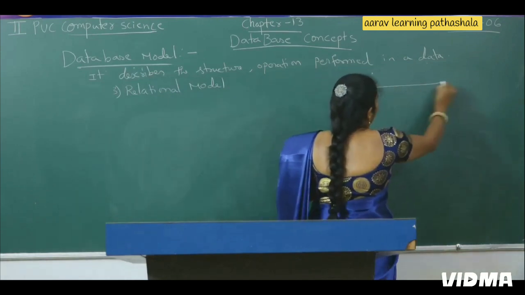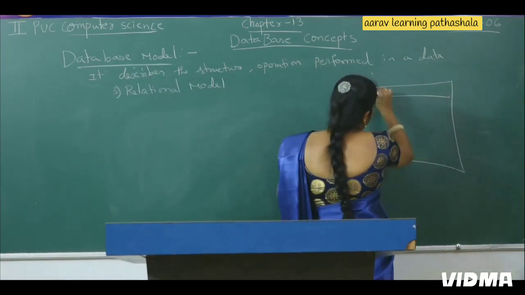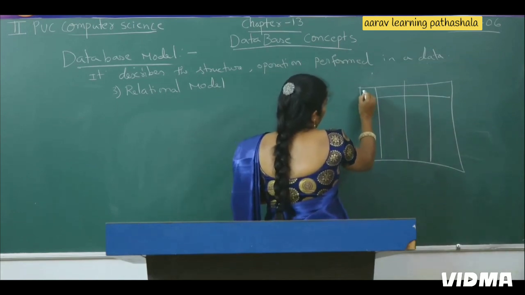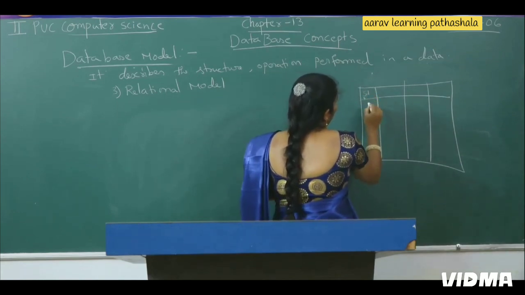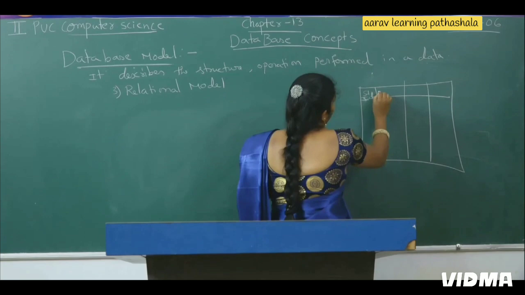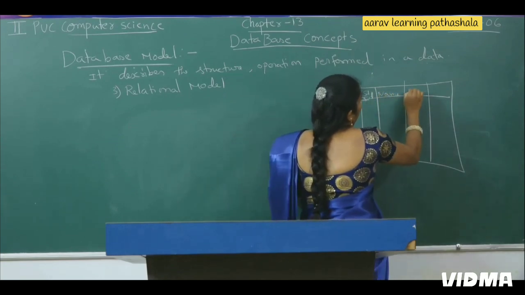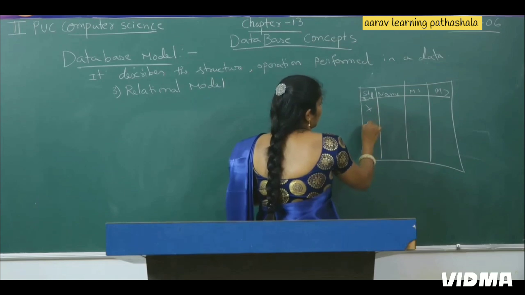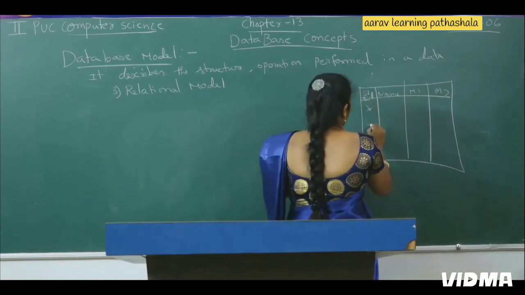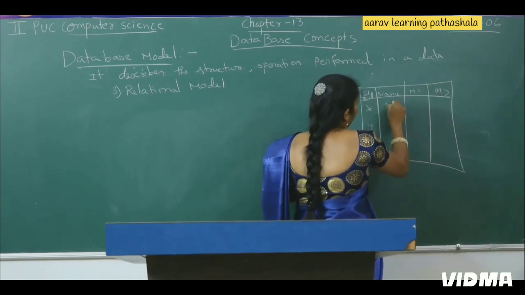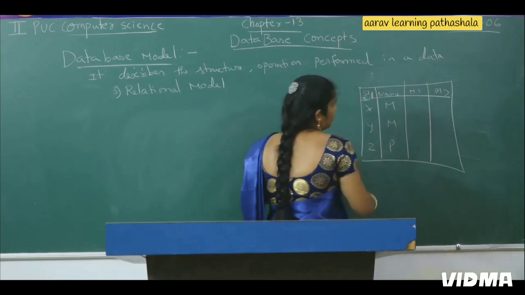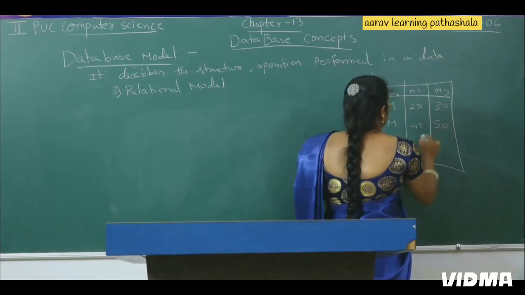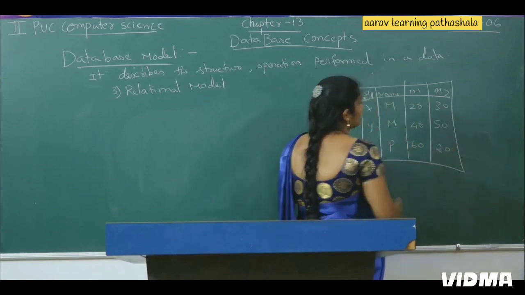Consider we have one table with some values, for example serial number, student ID, name, marks 1, marks 2. IDs X, Y and Z, names M, N, P, marks 20, 30, 40, 50, 60, 20.